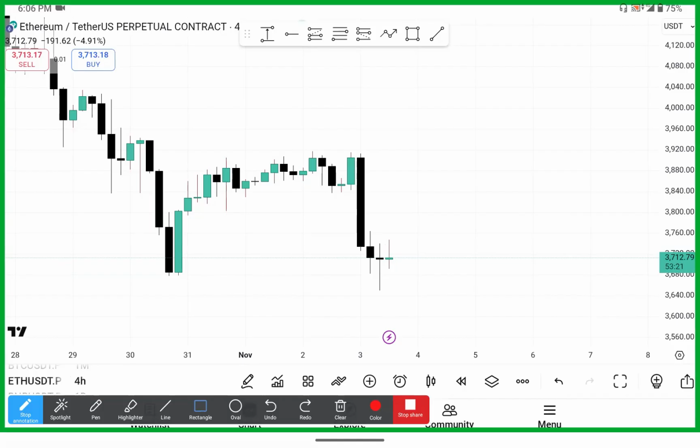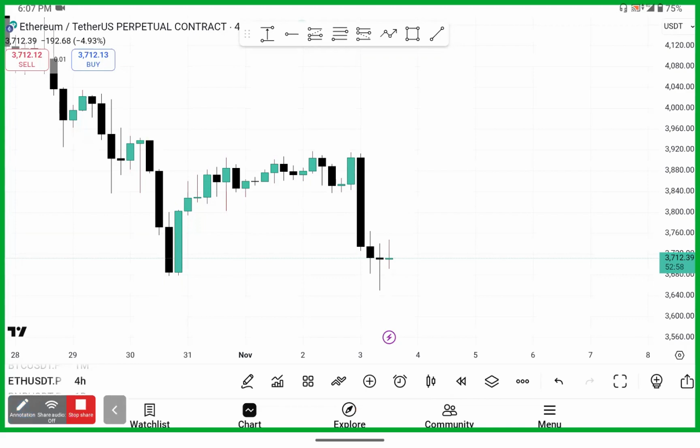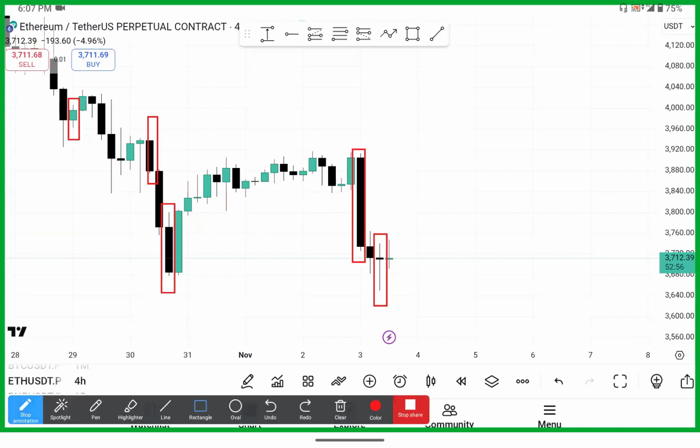This candle took 4 hours. Of course, because of the spacing, I will have to jump. This candle took 4 hours, no matter the size. Every candle on this chart took 4 hours to formulate. No matter the size, whether it is too small like this one, it took 4 hours to formulate. So that is what it indicates.